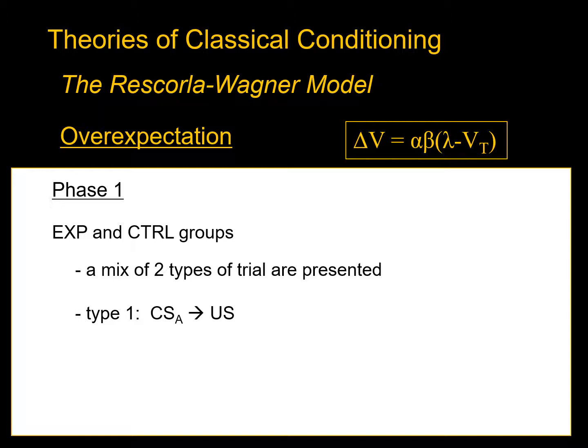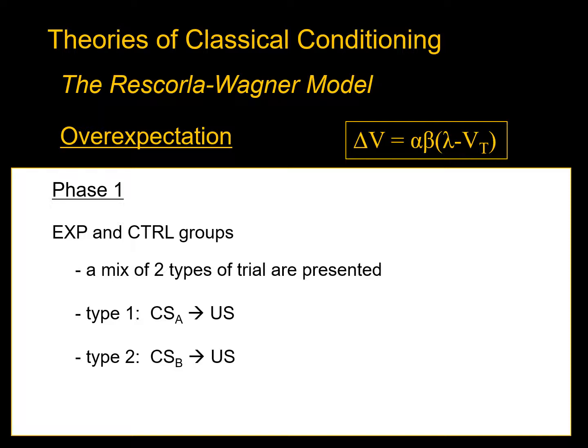On other trials, and presumably there's a 50-50 mix of these things, the tone's going to come on and be followed by a shock. So this is basically the equivalent of him cutting my lawn, getting 20 bucks. Him washing my car, getting 20 bucks. Same US, but each CS is conditioned with it separately.